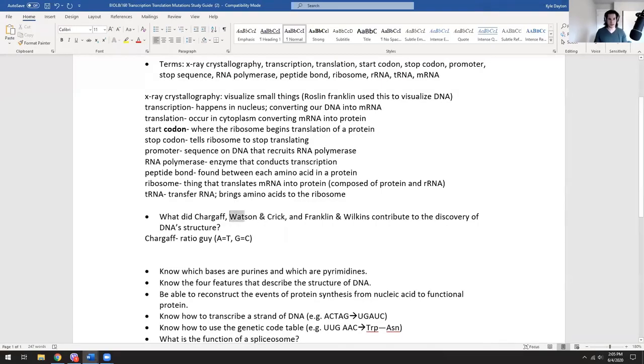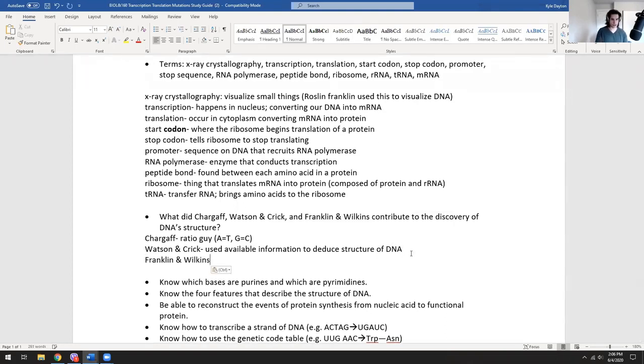Watson and Crick used available information to deduce the structure of DNA. Franklin and Wilkins, that's Rosalind Franklin and Wilkins, used X-ray crystallography to visualize DNA.